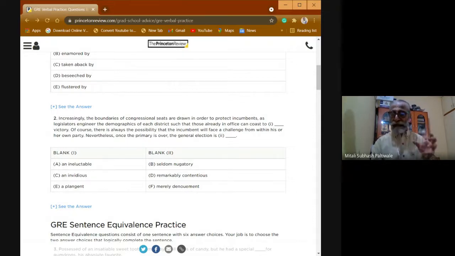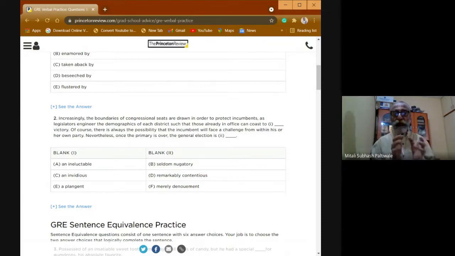Congress as a noun means a political party. So the boundaries of congressional seats means where these political parties exist, their boundaries are drawn for each and every political party.